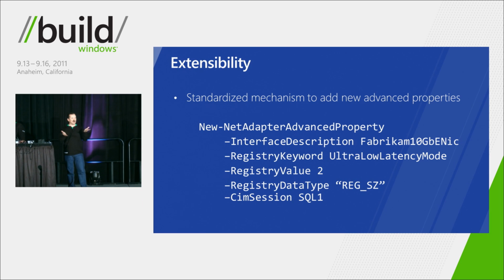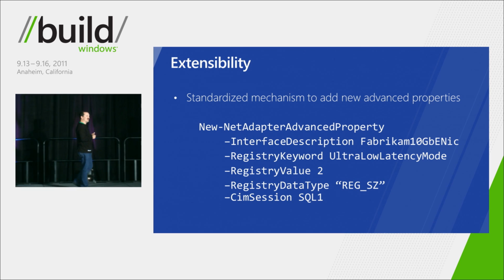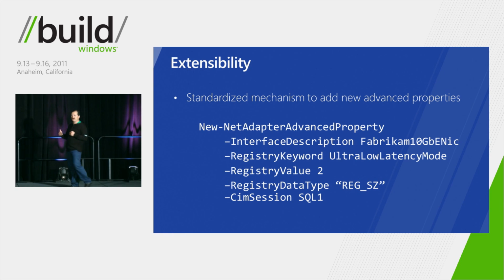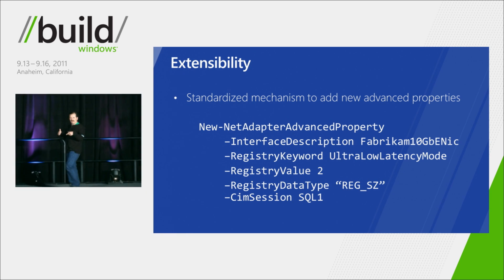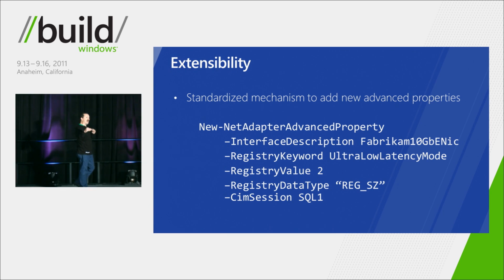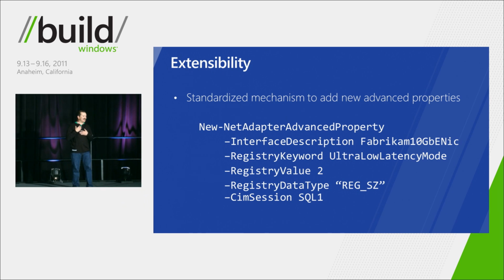This is totally arbitrary, whatever you want to put in there. And you see reg string, basically REG_SZ. That's exactly what it looks like in the registry. We try to keep the names as close as possible so it'll be familiar to you. And then I'm doing this remotely. So this would be an example of how you can remotely manage your NIC for some property that Windows semantically doesn't know about.